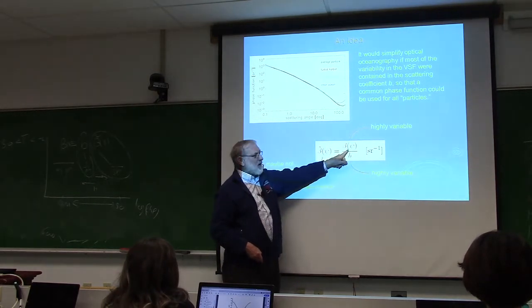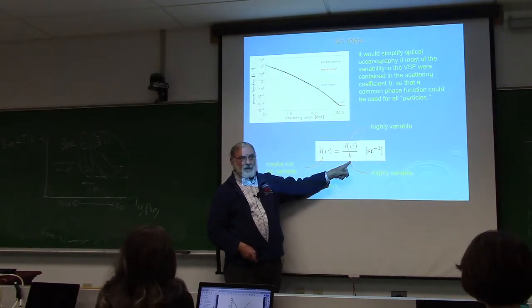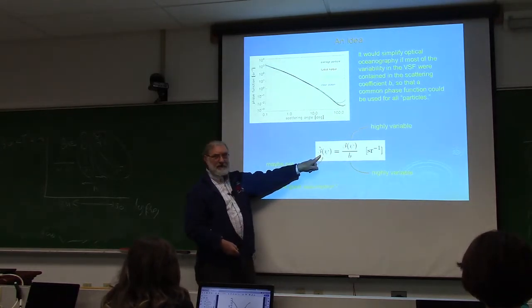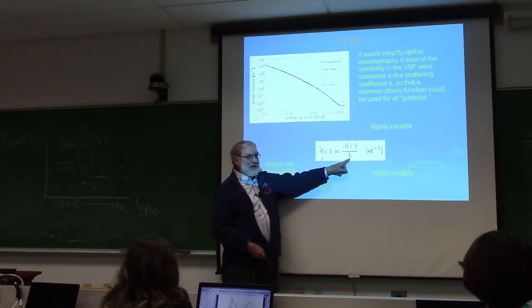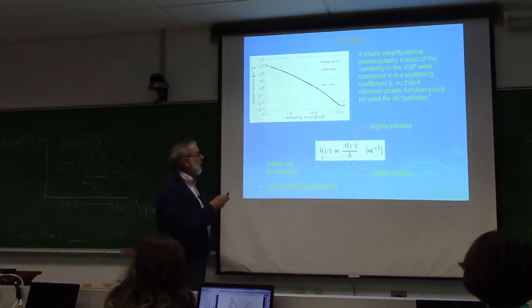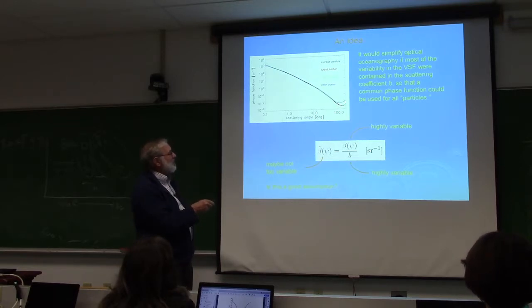I know the VSF is highly variable, and I know the scattering coefficient is highly variable, but maybe they vary in sync with each other so that the shape of the phase function will not be variable. That would be really nice. Then I can put all my variability into the scattering coefficient and keep using the same phase function all the time. That was done for the 3 Petzold curves, and they do lie pretty nicely on top of each other, except in the backscatter direction, where there's almost an order of magnitude variability.